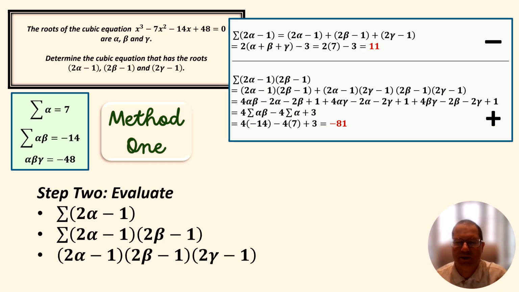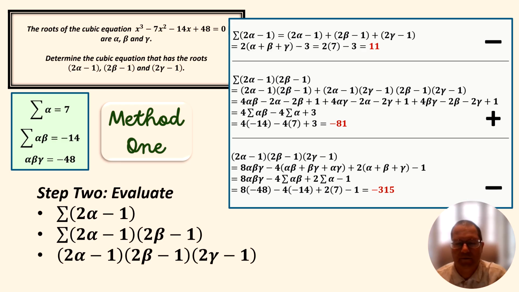And again, I've put a plus symbol on the right hand side this time, which I'll explain quite soon. And then finally, the product of our new roots simplifies to 8 alpha beta gamma minus 4 sigma alpha beta plus 2 sigma alpha minus 1, which, substituting the numbers in, gives us a value of negative 315. And for the final time, I've also put a minus sign on the right hand side.